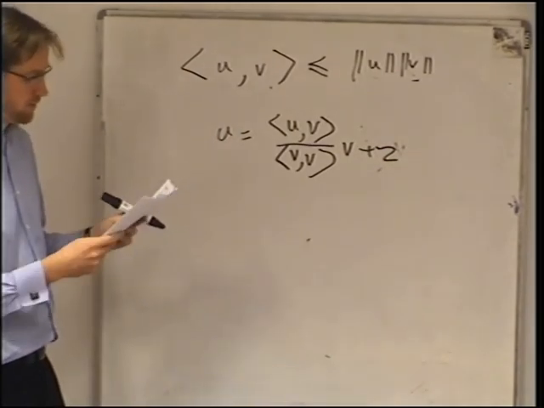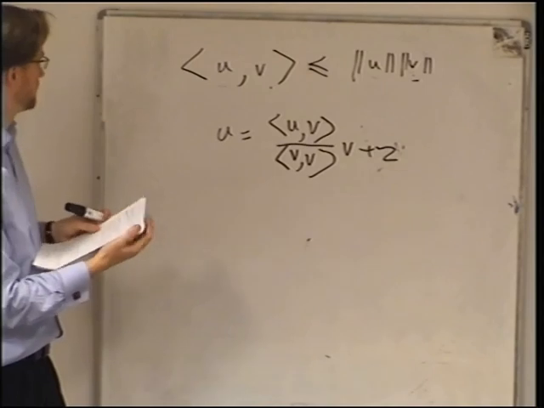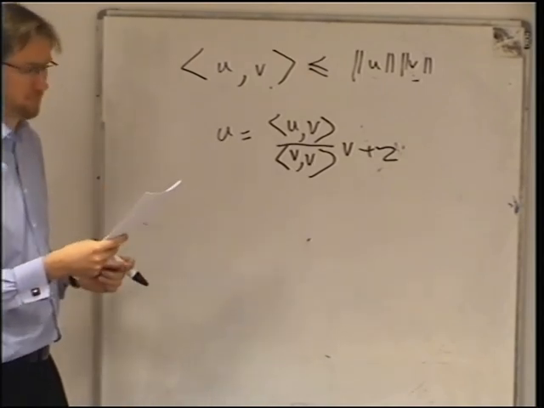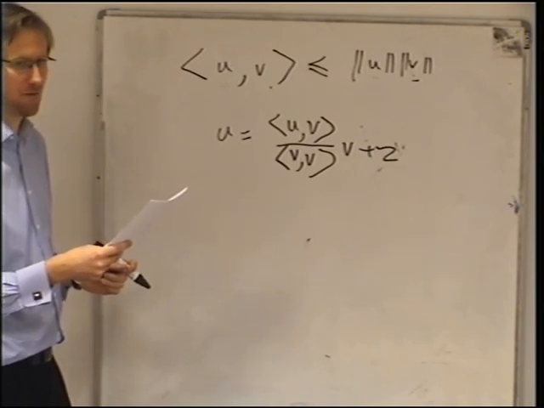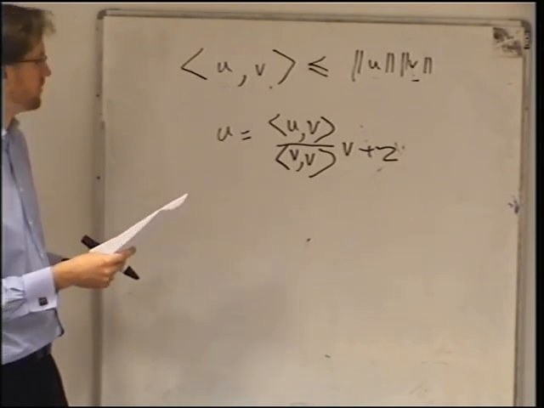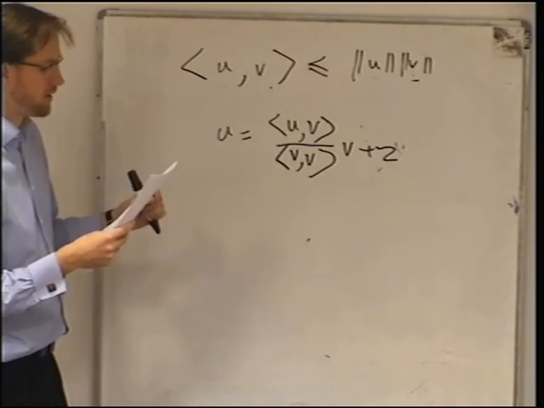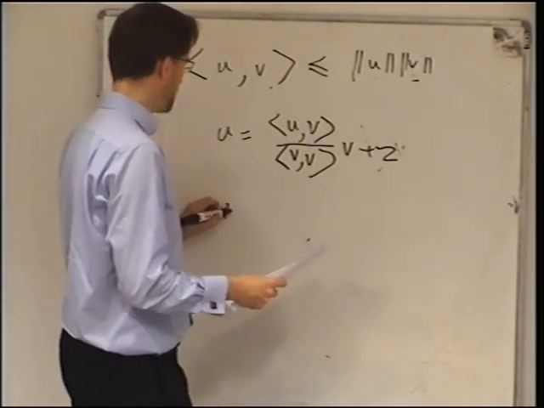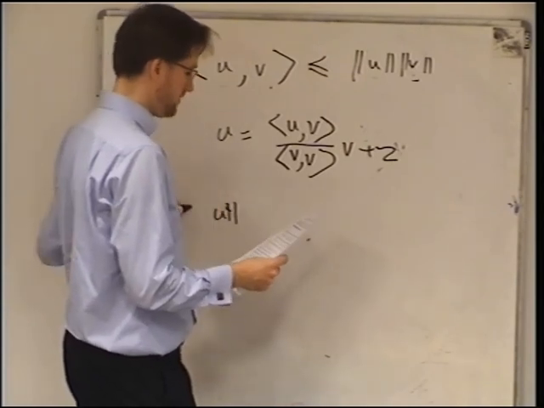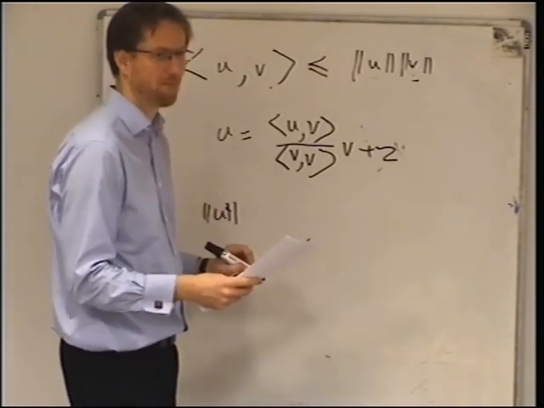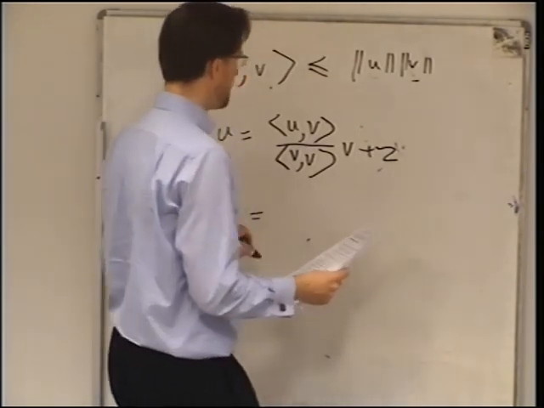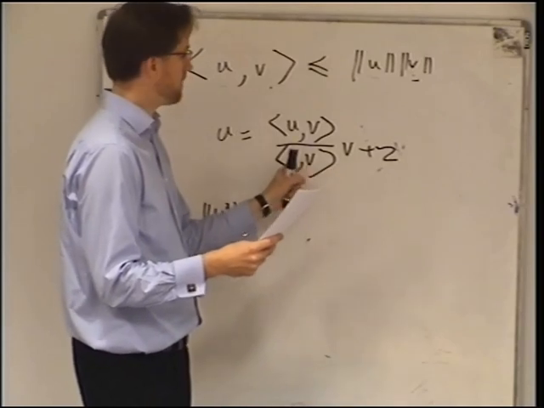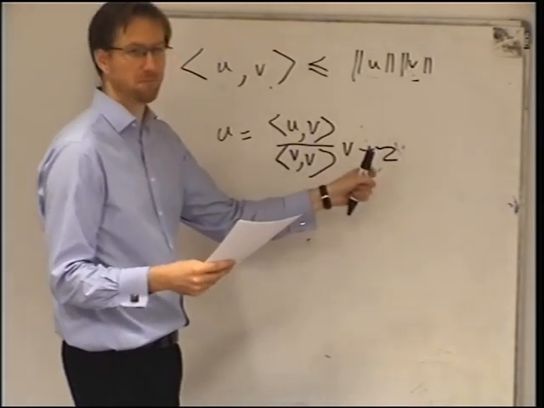And now, because they're at right angles, we can use Pythagoras' theorem. So what that says is if I multiply u with itself, u squared, which is to say the norm of u, and because they're at right angles, Pythagoras applies, that means that I can square this one and this one.